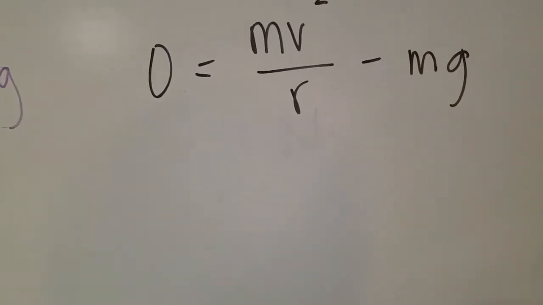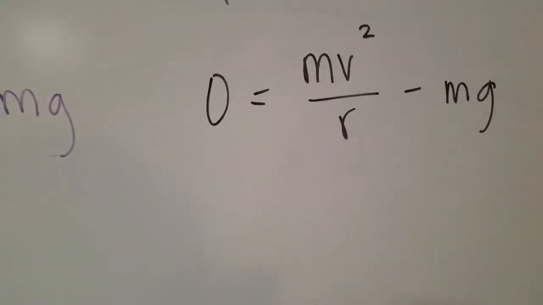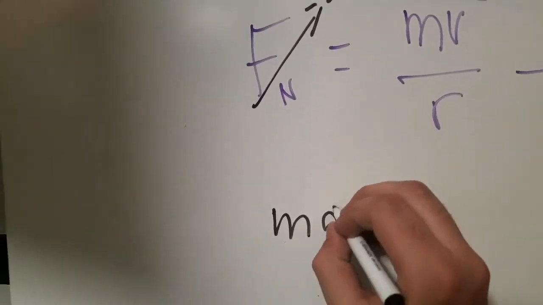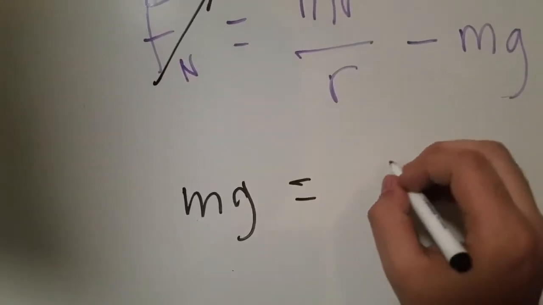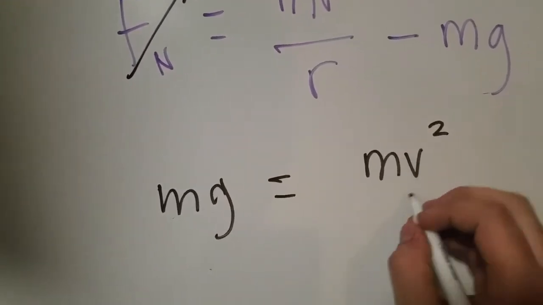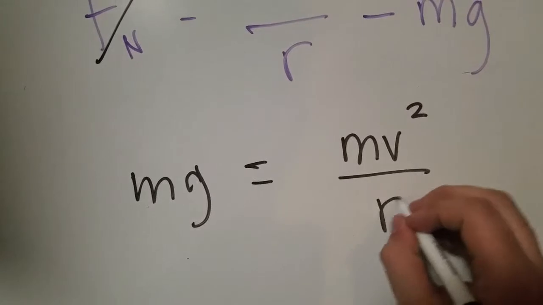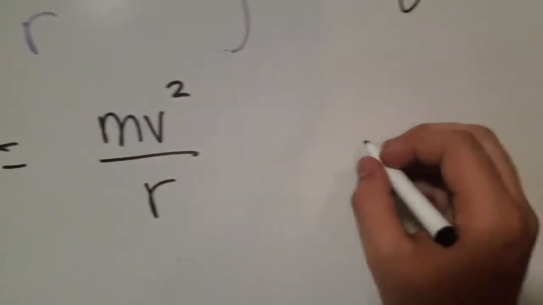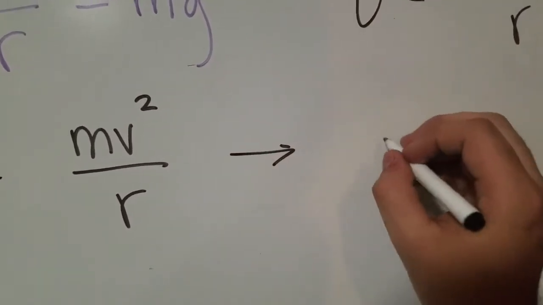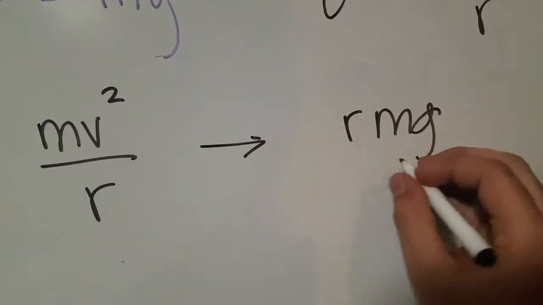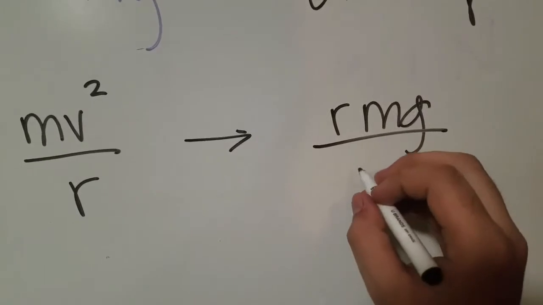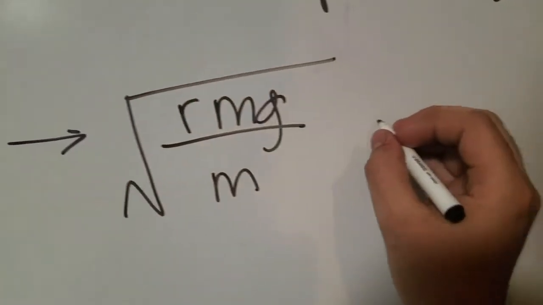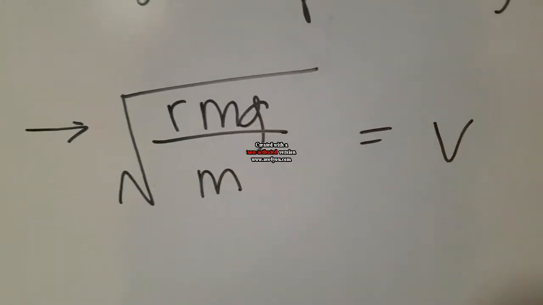Alright, so we're going to solve for velocity here. Now, by adding mg to both sides, just performing our basic algebra, we're going to get mg is equal to the centripetal acceleration divided by r. Do more algebra, and we're going to end up with r m g divided by m, and then since the velocity is squared, we're going to take the square root of that, and that's going to give us our velocity.